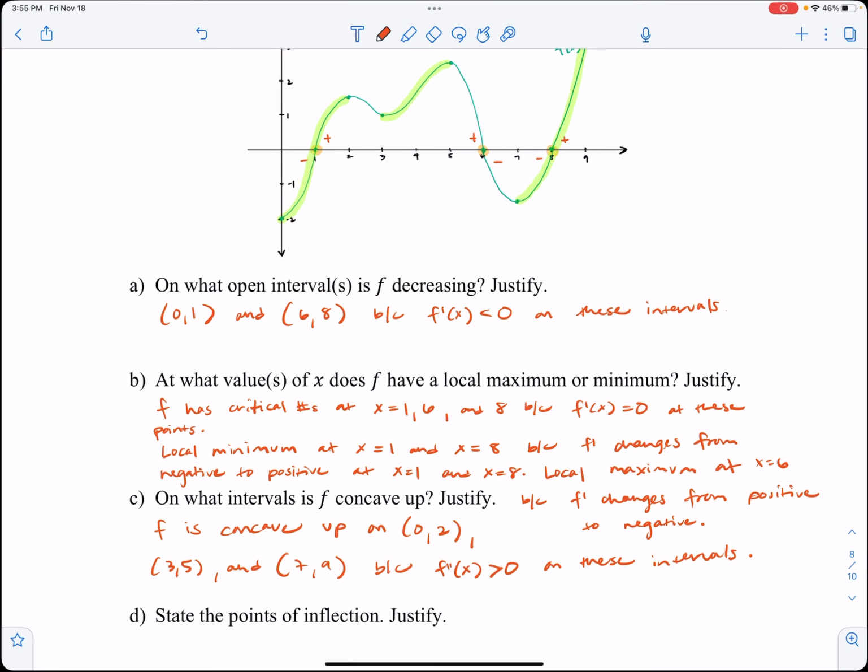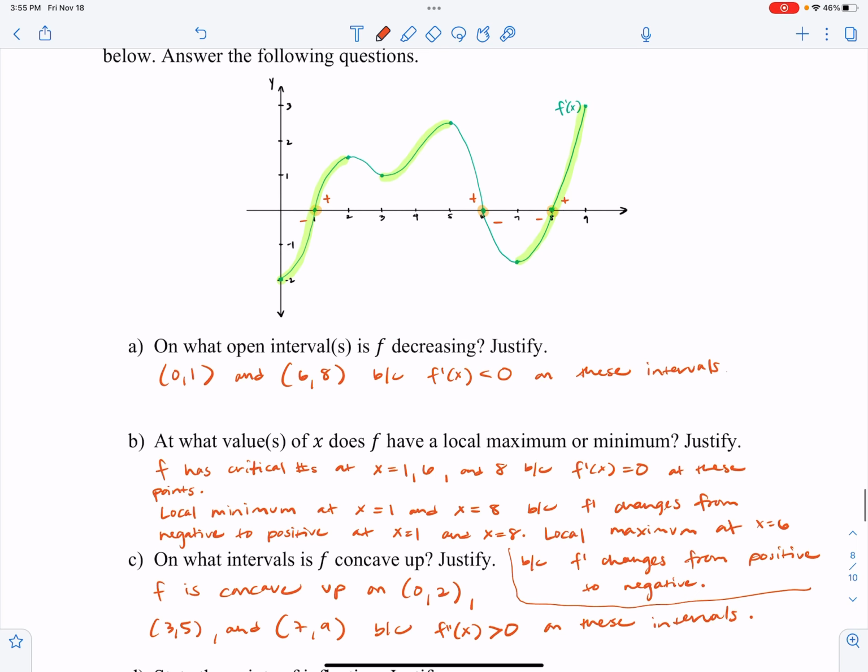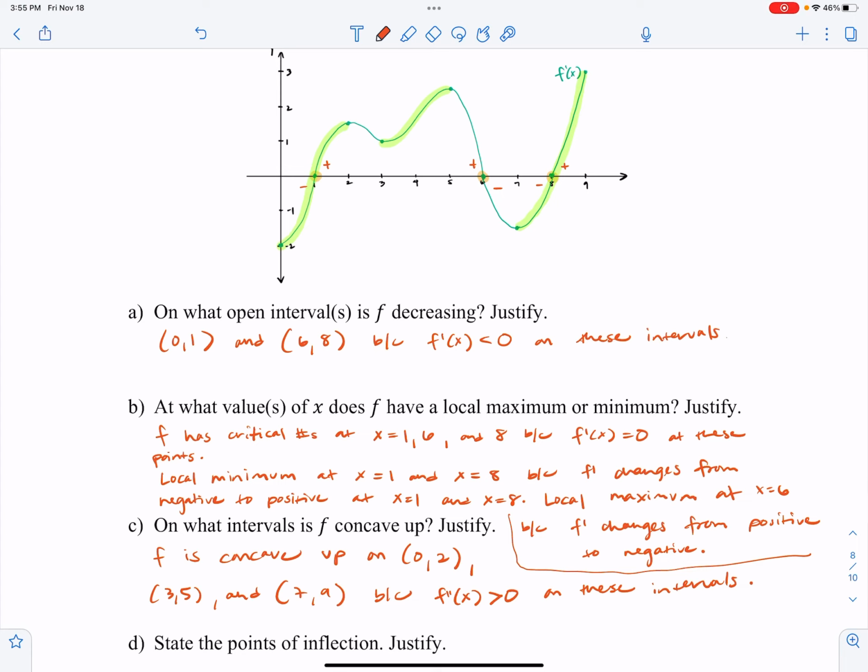All right, we want to talk about signs and sign changes as our justification. We can also think of this as f prime is increasing. When f prime is increasing, f will be concave up, and f double prime will be positive, which indicates concave up.